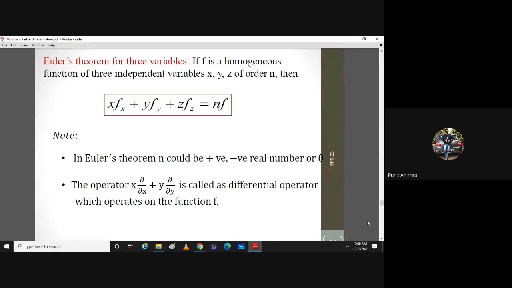Last line. I have to copy it. Okay, sir, I have done.